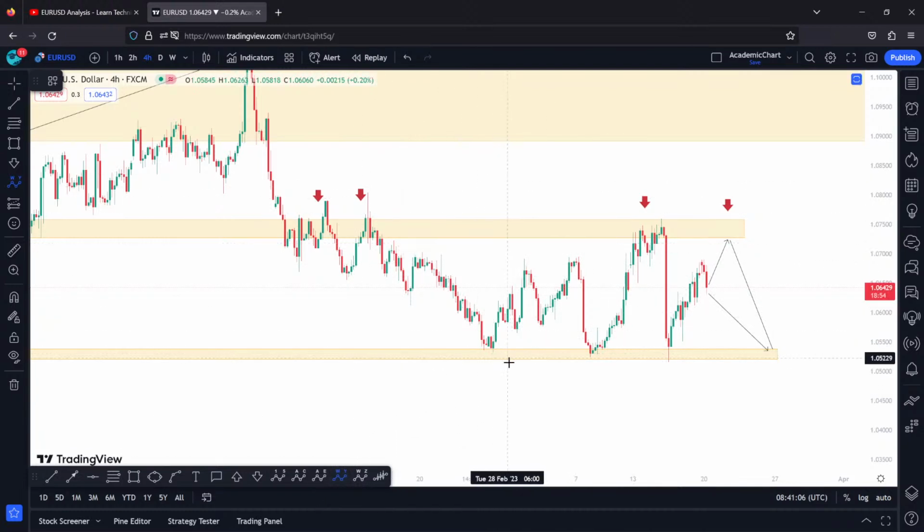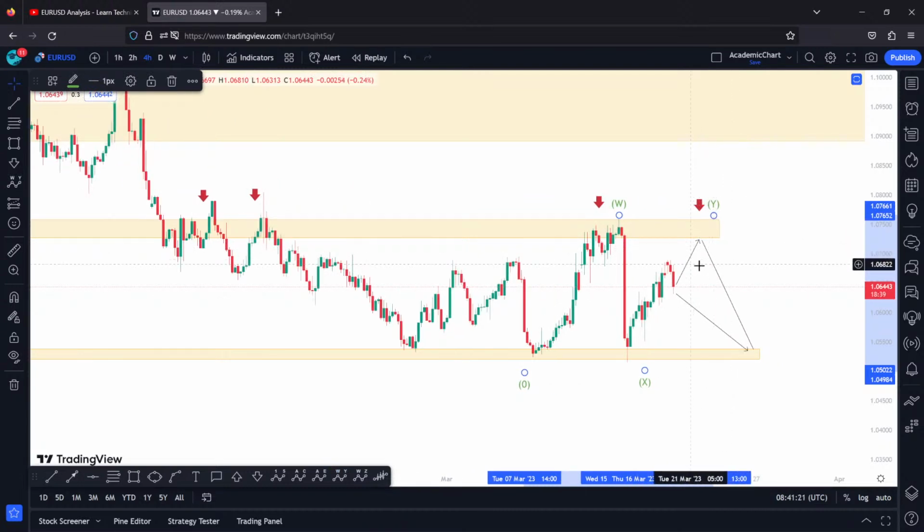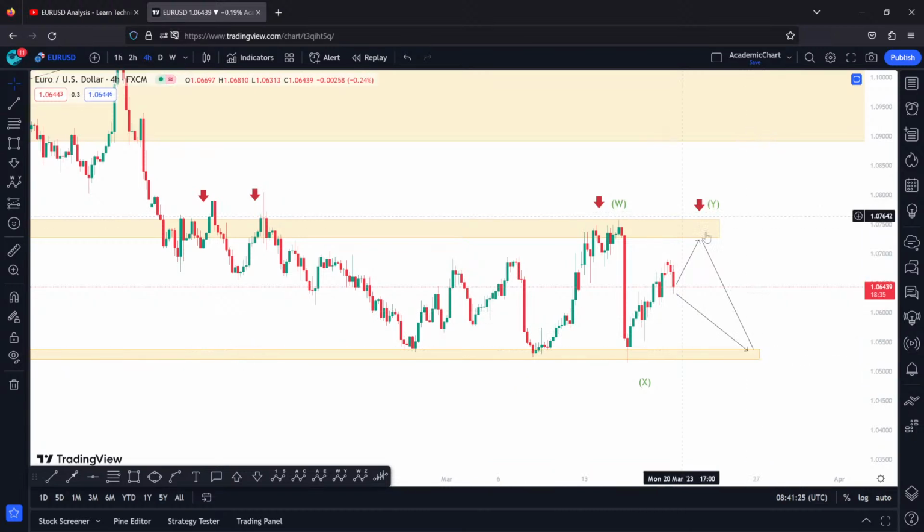At this level, we are going to have a little bit of a combo corrective structure. So after reaching this level, then we might see just one ABC to the top. Then this is going to be an X. So another movement, as we are talking about this continuation of this uptrend as a second possible scenario. And then we might reach this level again as the reversal, or it can even be a longer one.